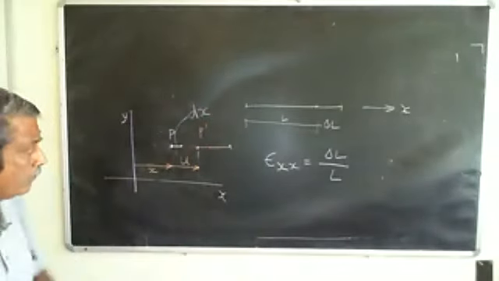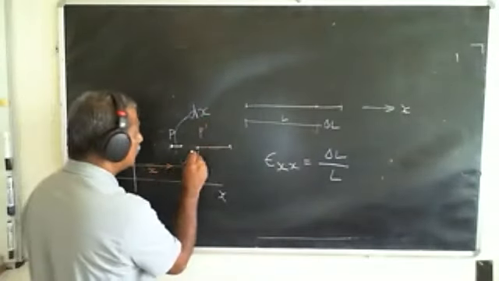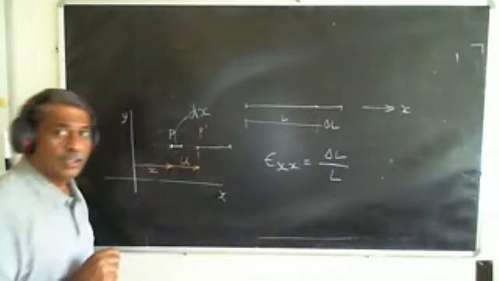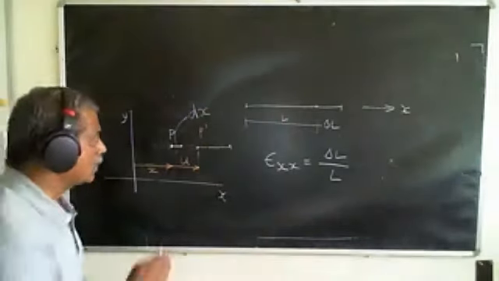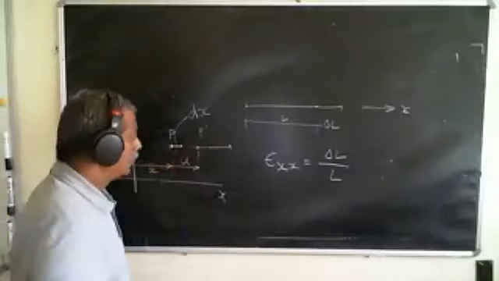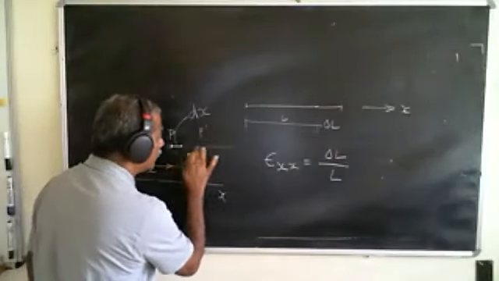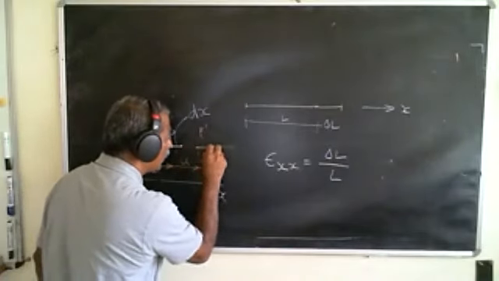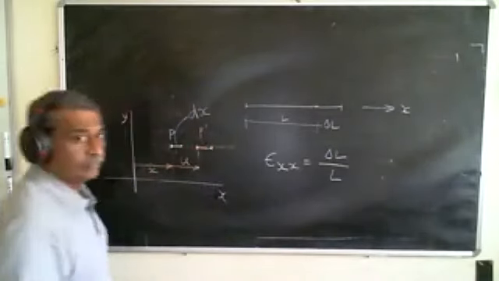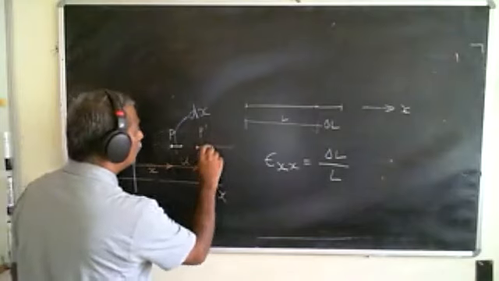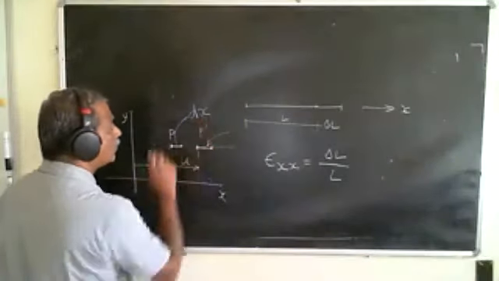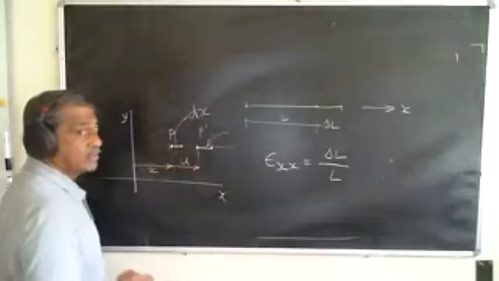What has happened is not only has it moved, but it also elongated. Correct? So instead of taking this, I will now have an elongated length over here. And this is no more dx. It has now changed, right?